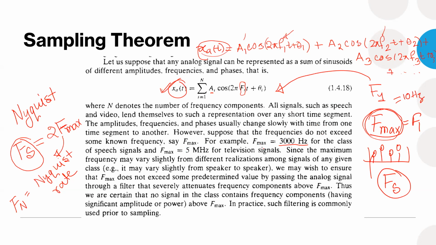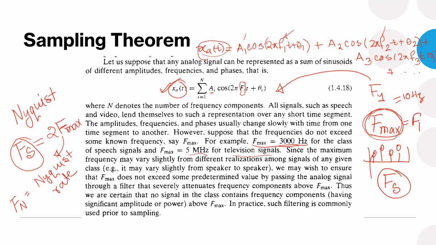For example, F maximum is equal to 3000 Hz for the class of speech signals, and F maximum is equal to 5 megahertz for television signals. So for television signals, the maximum frequency is 5 megahertz, and for speech signals, the maximum frequency is 3000 Hz. You have to remember these values for the future.